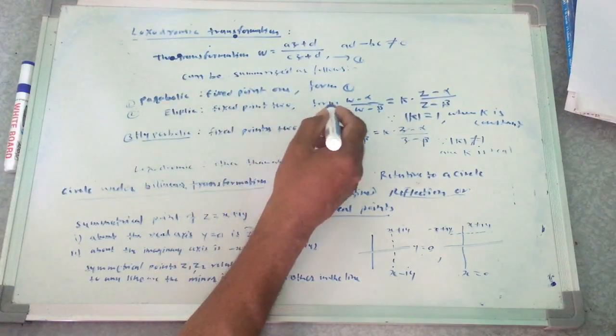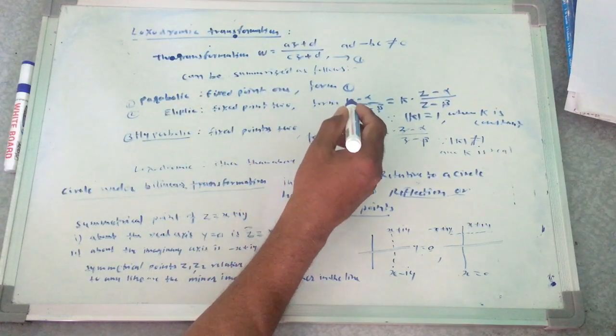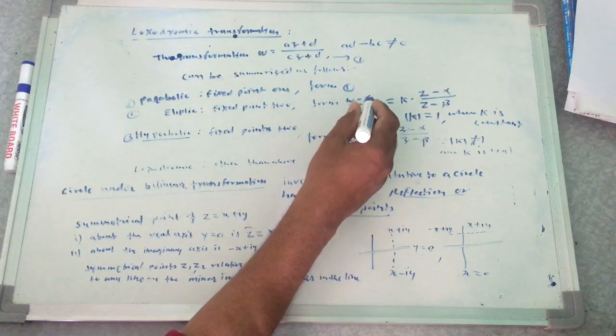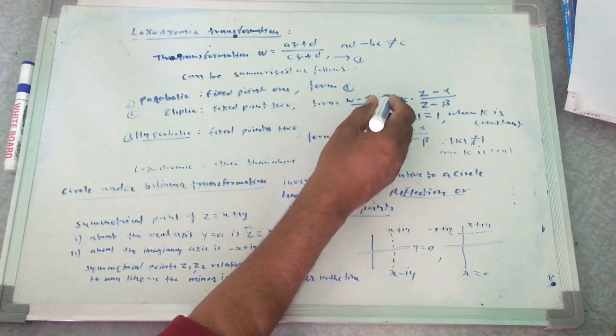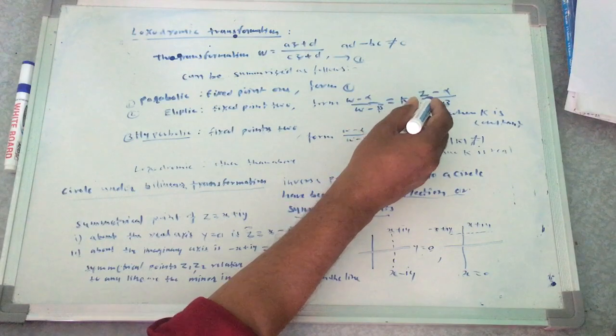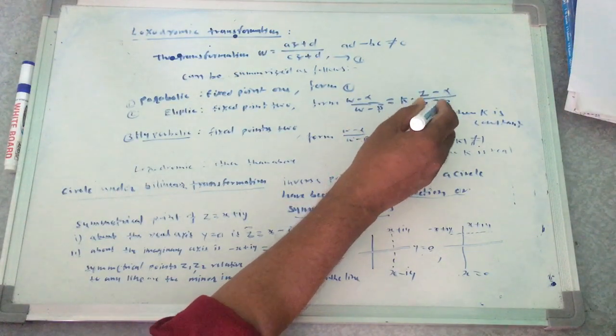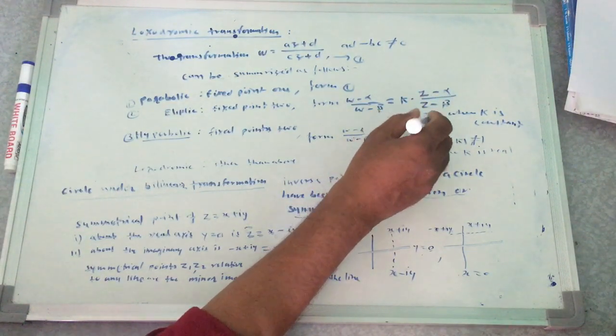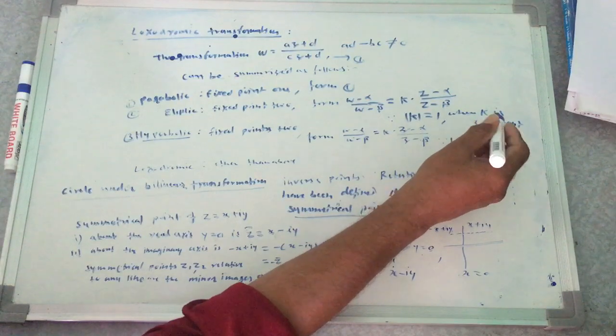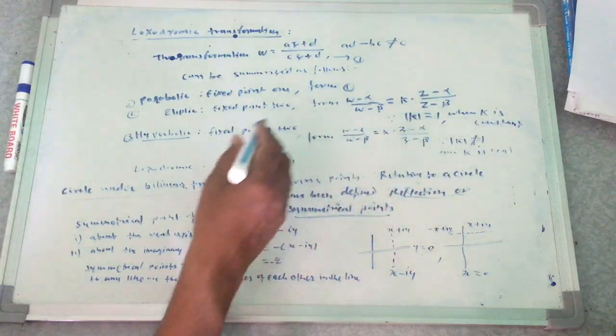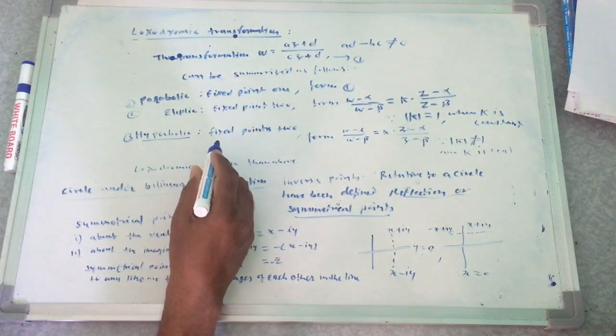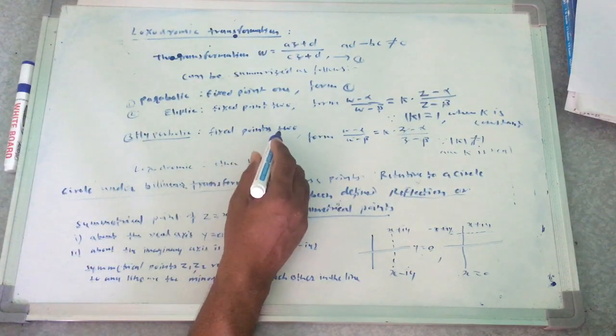Elliptical, fixed points 2. The form is (W minus alpha) upon (W minus beta) is equal to K into (Z minus alpha) upon (Z minus beta), where mod of K is equal to 1, and K is a constant. Then hyperbolic, fixed points 2.